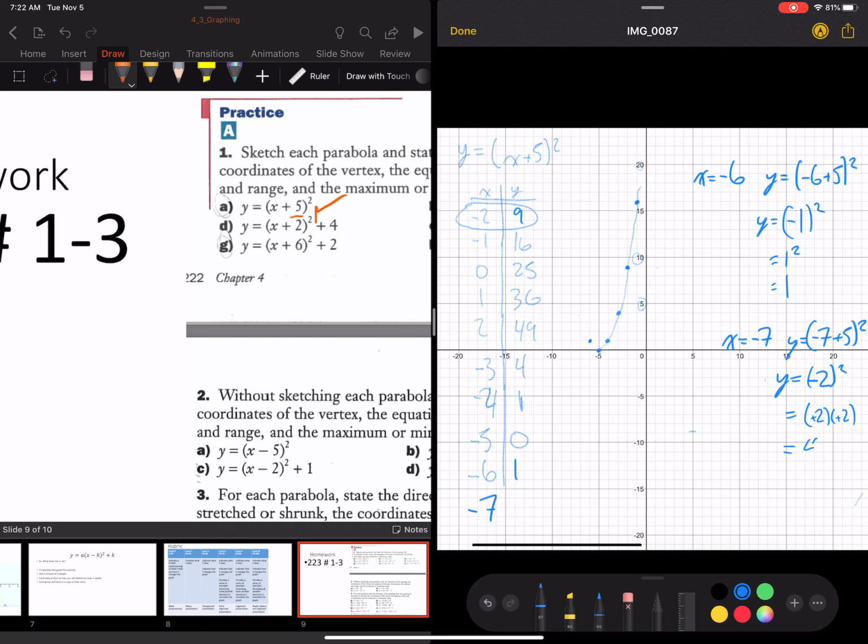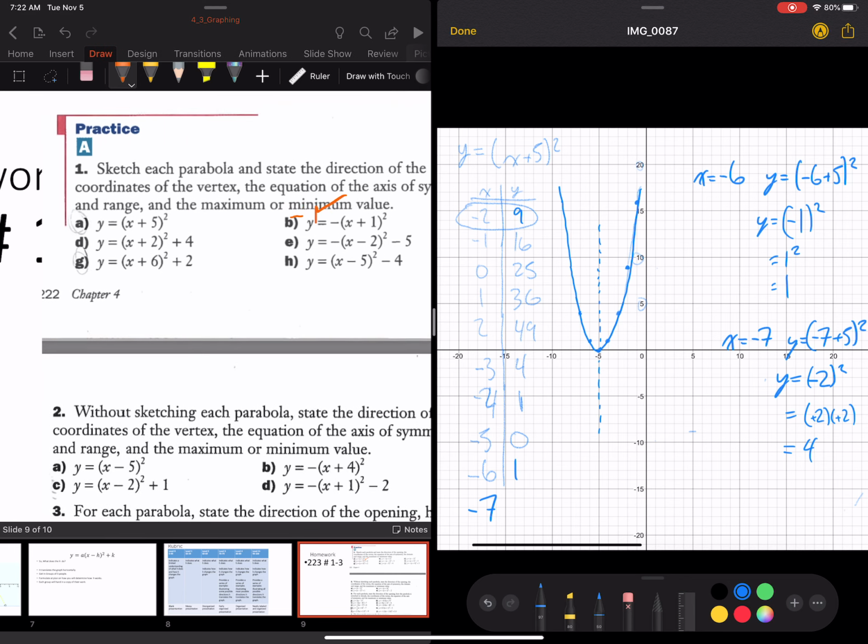What's 2 times 2? 4. So at minus 7, my y value is 4. My parabola is symmetric along this axis, and this is our parabola.